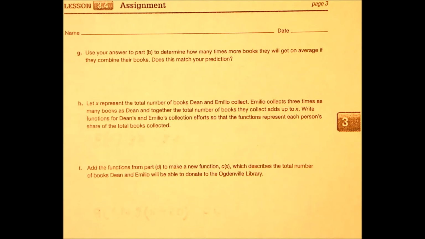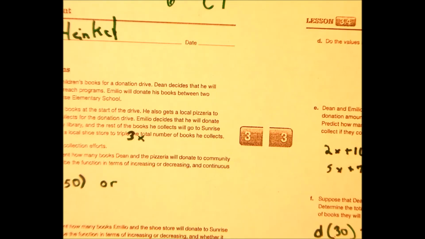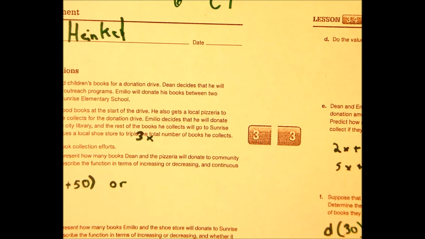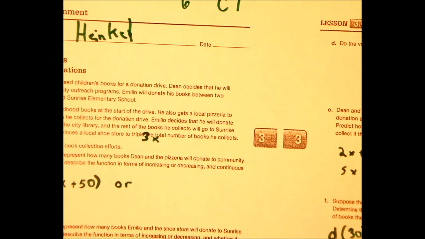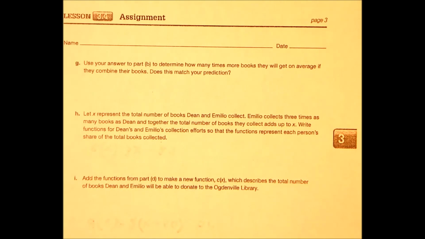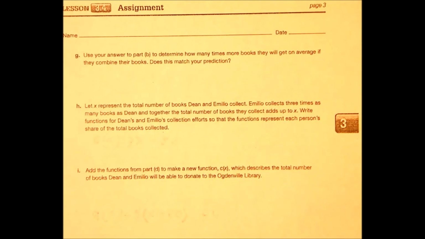So that means if you take the two amounts that they got, 120 and 405, on average, how many more times they will get. Okay, so let's look at what they get on average. It would be 405.